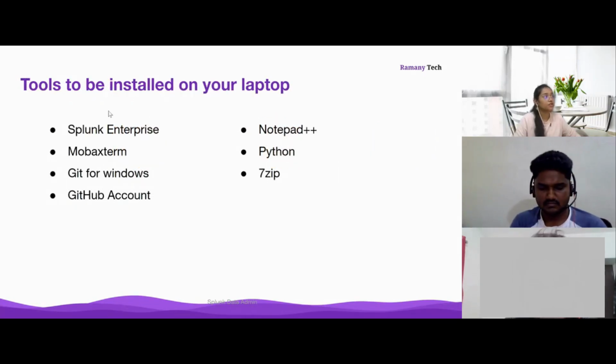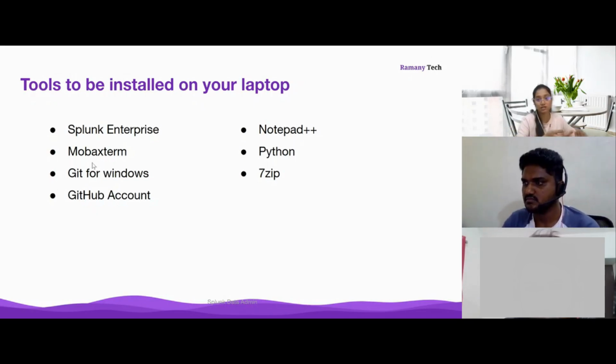Now, the tools to be installed on your laptop. This is completely optional. These are the things which we use frequently in our day-to-day work: Splunk Enterprise on your local machine, and MobaXterm, which is basically a terminal that I'll be using in the next topic.